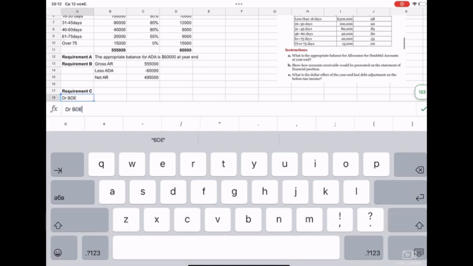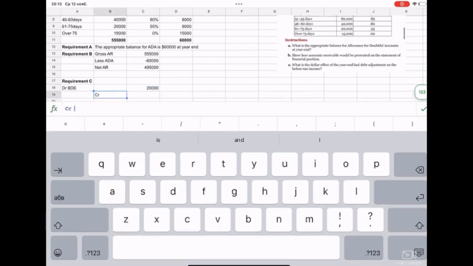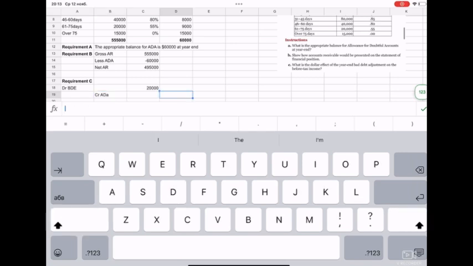So the total, which was 60,000, represented the estimated amount of receivable that the company does not expect to collect based on aging analysis. To determine this year-end adjustment, we had the allowance for doubtful accounts already.